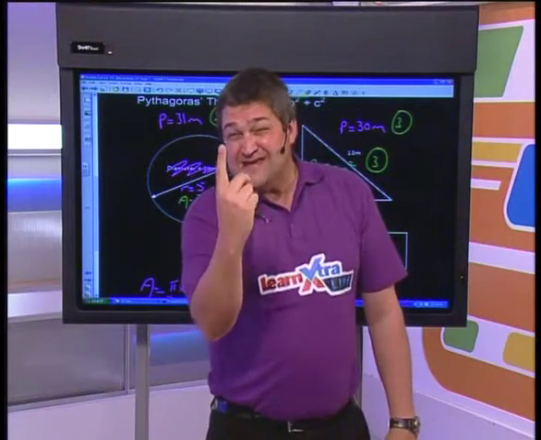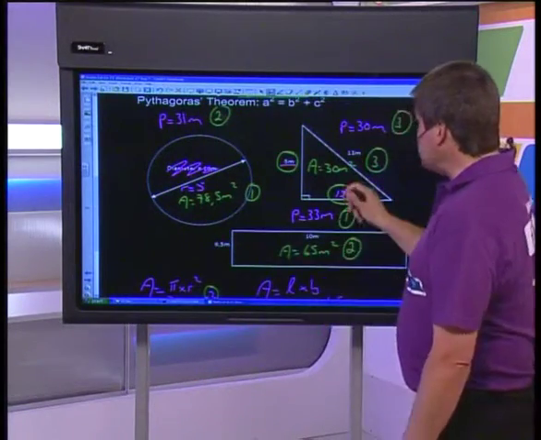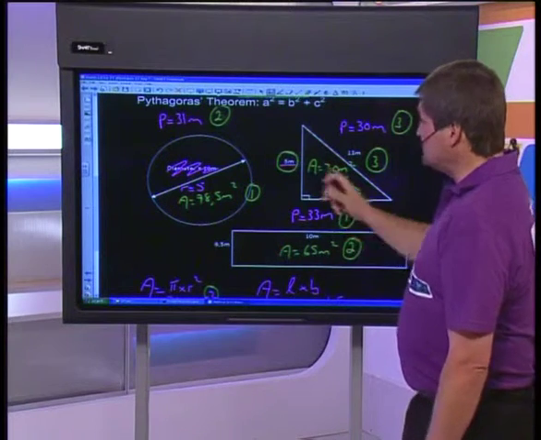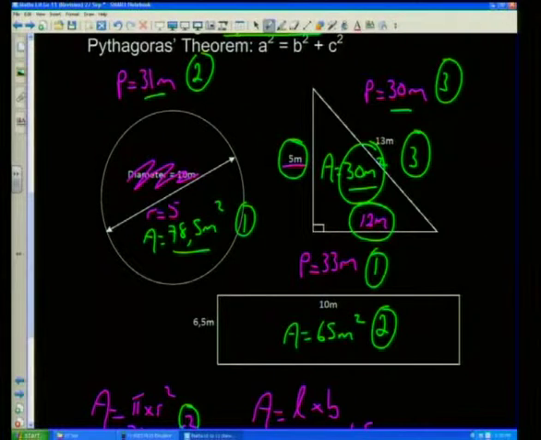With 1 meter less of fencing, I drop from 78 to 30 meters. Look here. 31 meters to 30 meters, so it's 1 meter less fencing, but I jump from 78,5 meters squared to a mere 30 meters squared. With 33 meters of fencing, I'm making 65 meters squared of area.